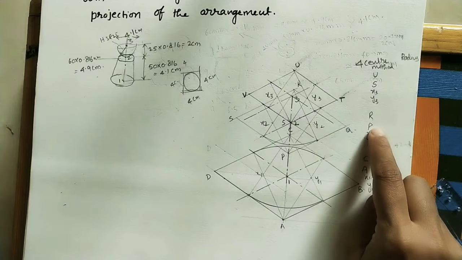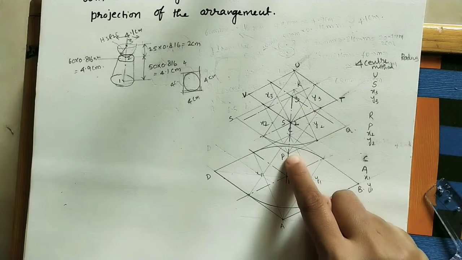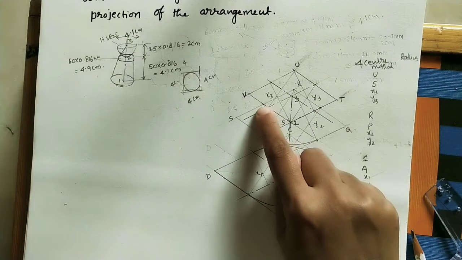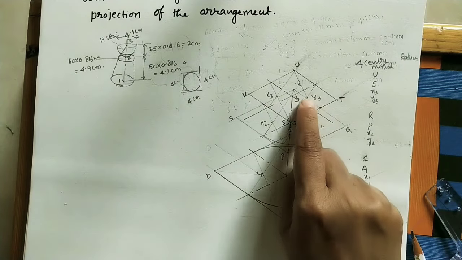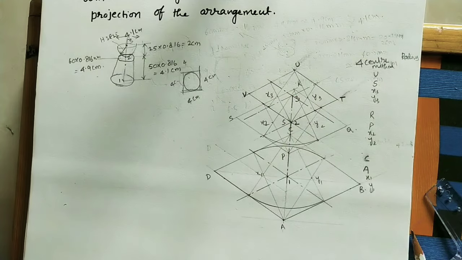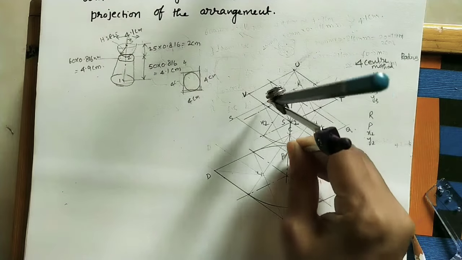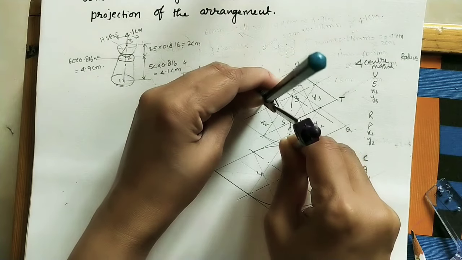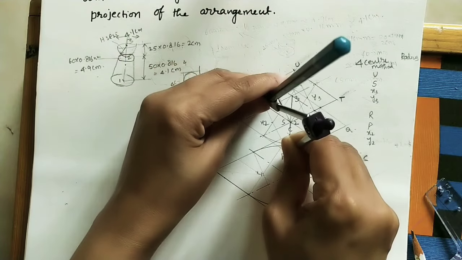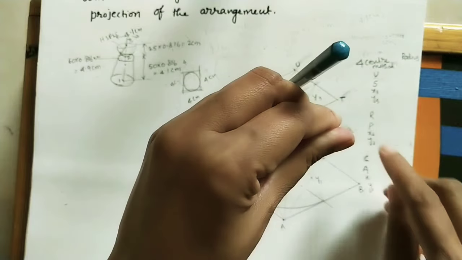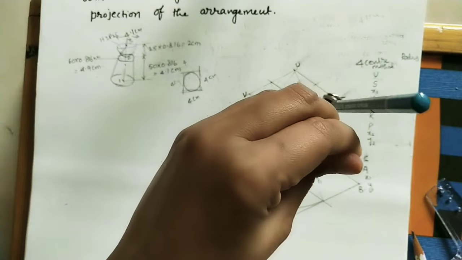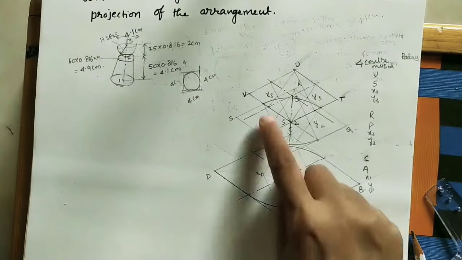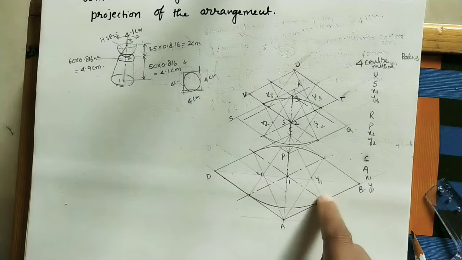After R we need to take P. P as center, join opposite middle points. Opposite middle point means from this point to this point. Take P as center. This is the opposite middle point. Join this point to this point. Here one arc, here one arc, here one arc, here one arc.